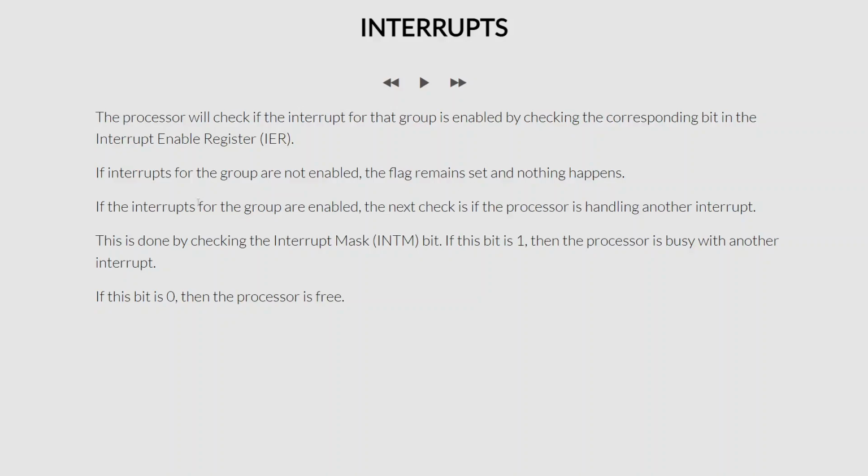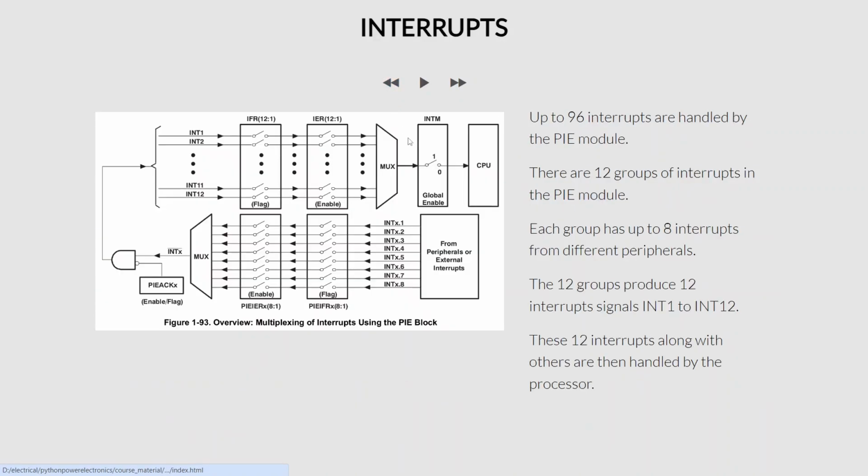Alright? If the interrupts for that group are enabled, then the next check is if the processor is currently handling another interrupt. And this is done by checking what is called the interrupt mask bit, INTM. Alright? And if you go back here, you'll see that's what it is. This is the interrupt mask bit.